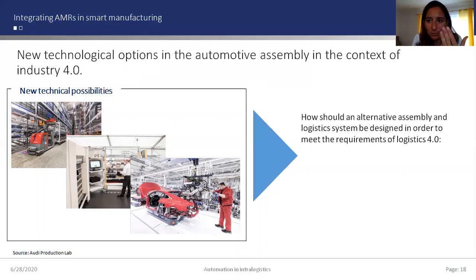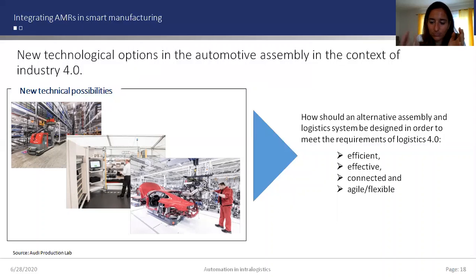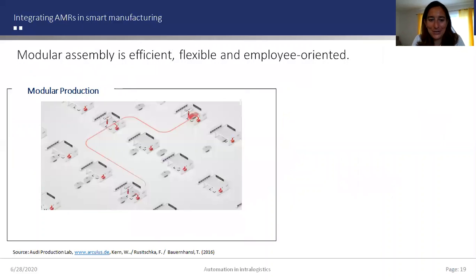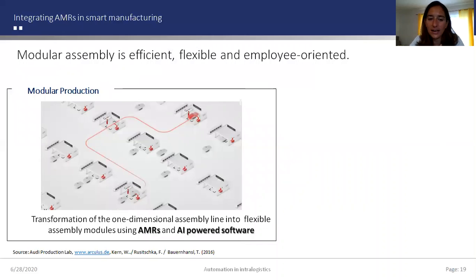If you think about it, we had those 4 points: efficiency, effectiveness, connectivity, and flexibility. Throughout the OEMs you will find that they still have lines which are not dynamic, as you can see, one-dimensional assembly lines.